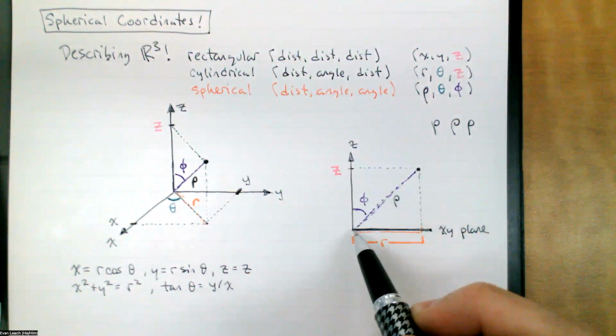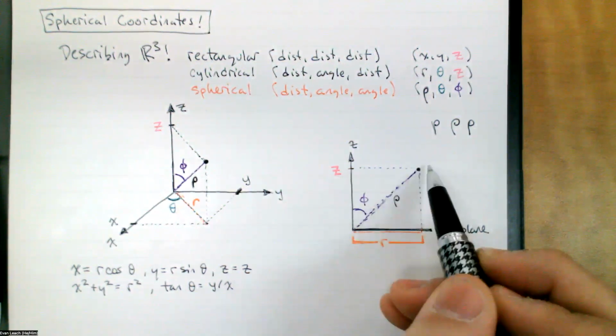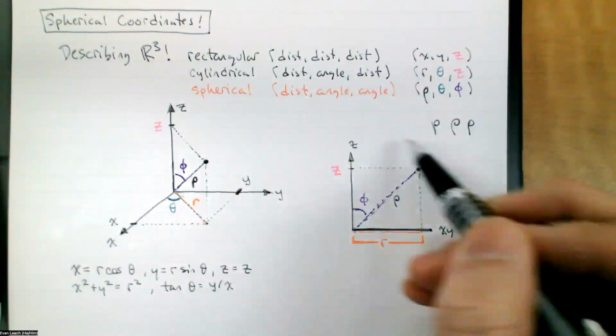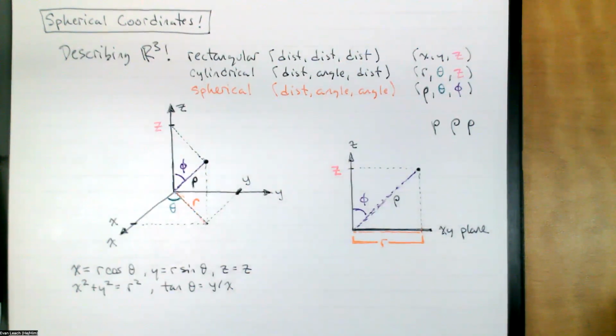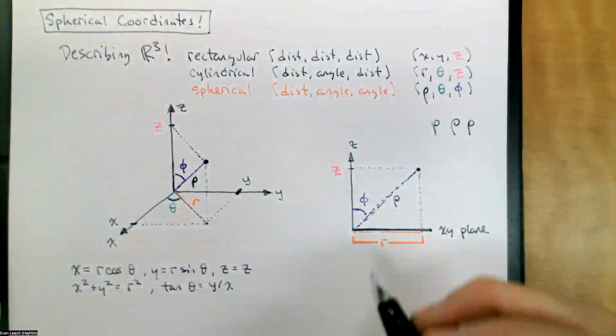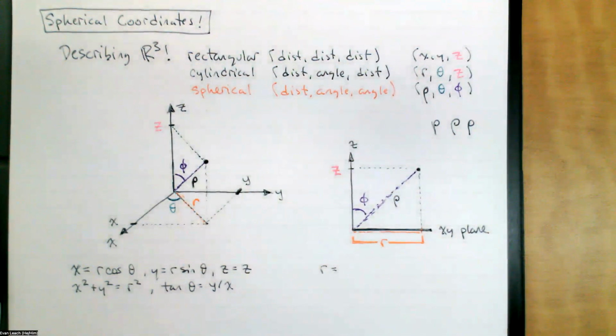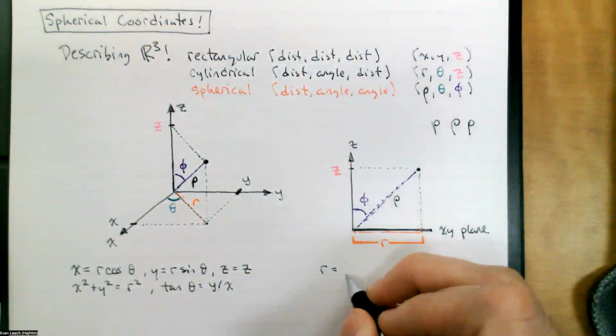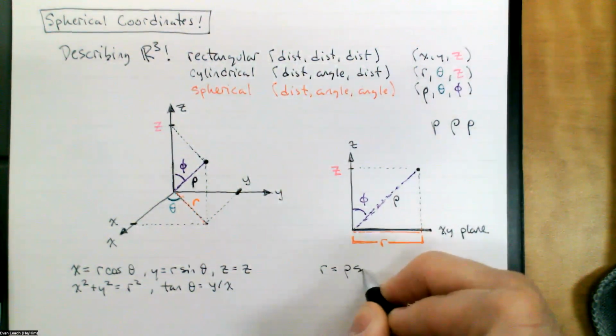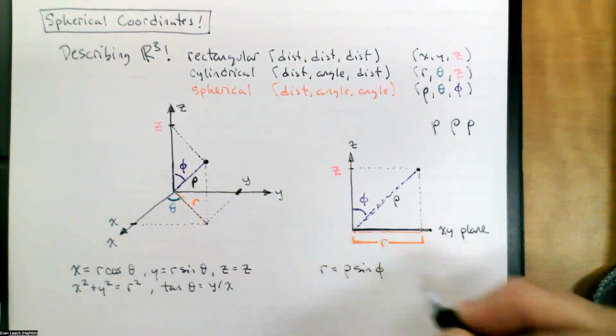Sorry, z is adjacent to phi, r is opposite phi, and rho is our hypotenuse. So from here, we can see a relationship between r, rho, and phi. We see that r is rho times the sine of phi.